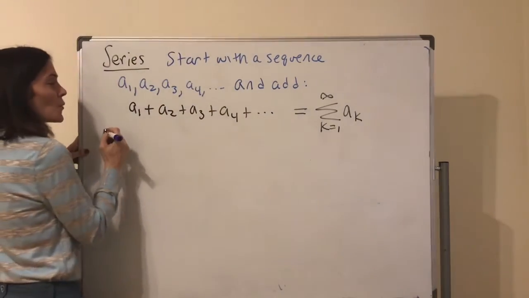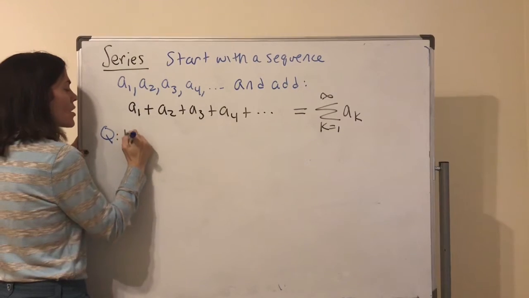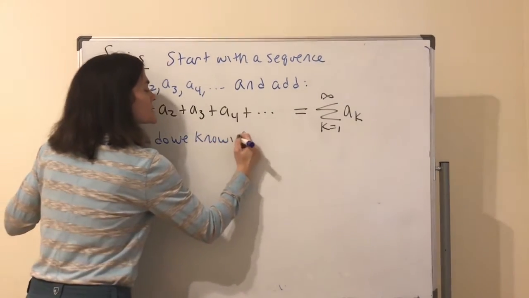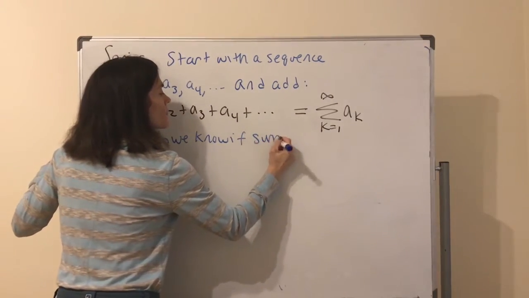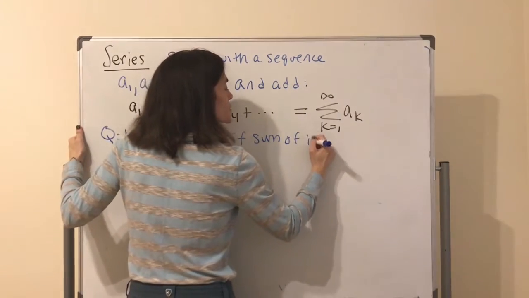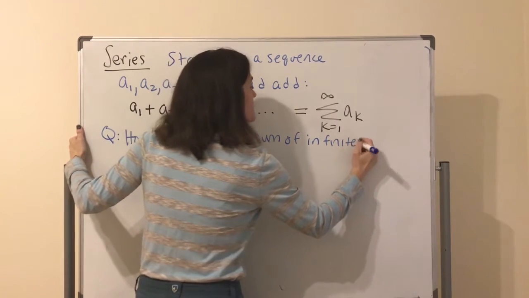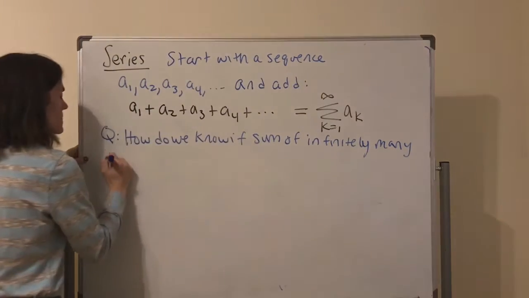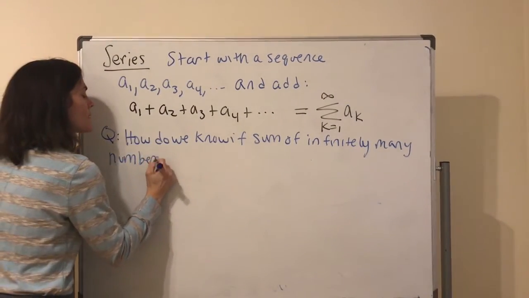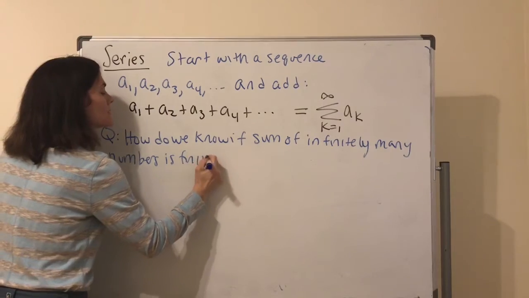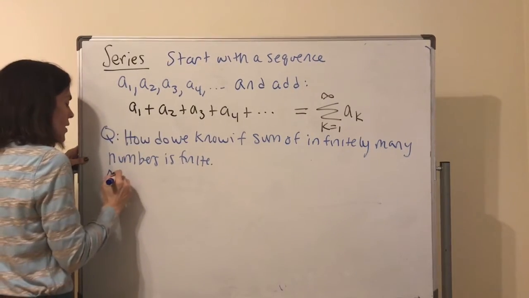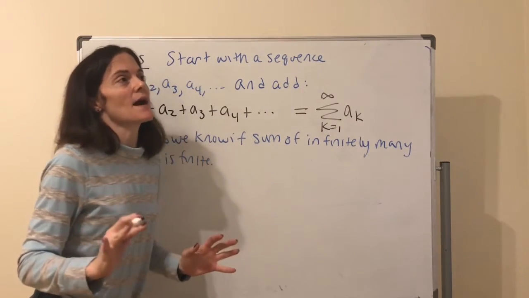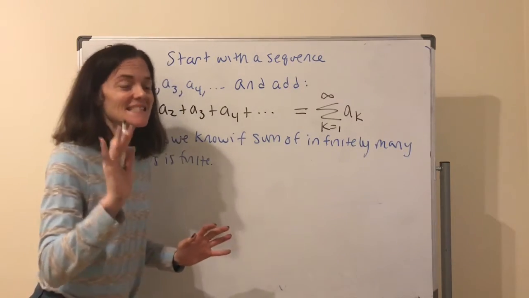So, question: how do we know if the sum of infinitely many numbers, which is what we're doing here, is finite? And the answer hopefully doesn't surprise you, because we have talked about Maclaurin series and Taylor series.